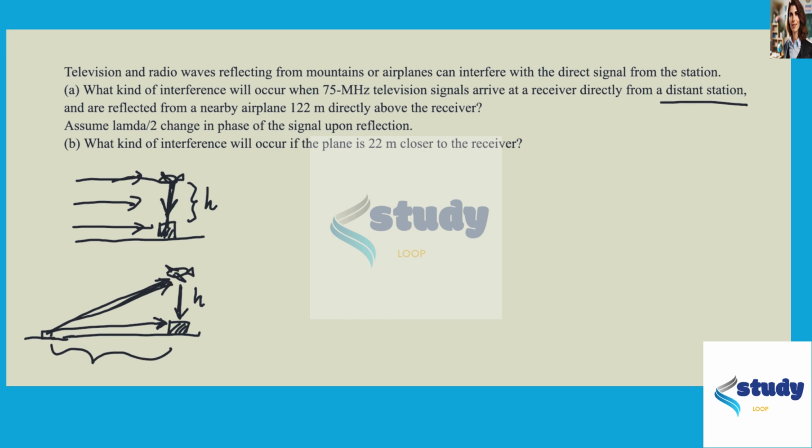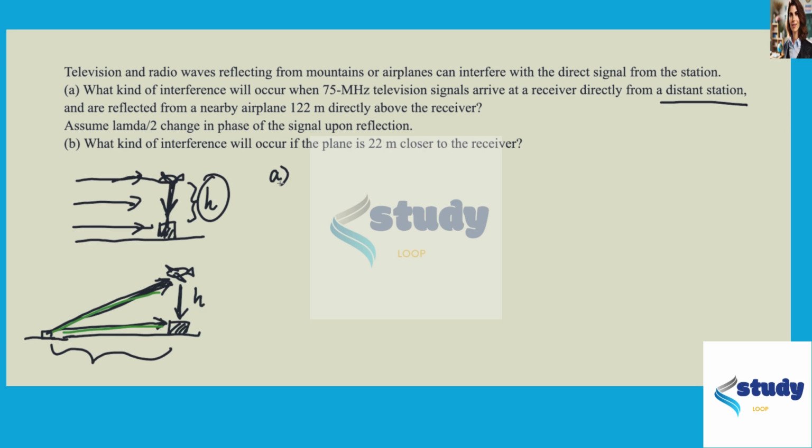You can consider the two paths as almost identical. So in this question, you only have one h to consider. h is the path difference between the reflected wave and the wave that goes to the station directly. That's just a little clarification before I get to part A.